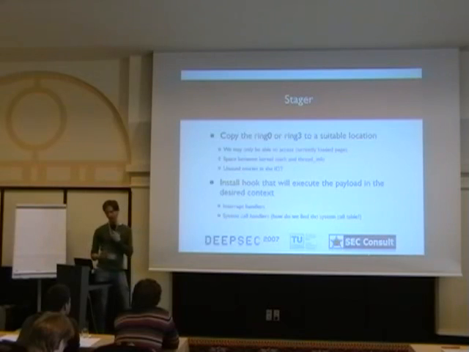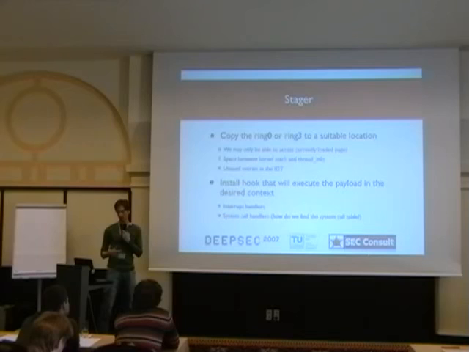There are two questions that you need to ask yourselves. Namely, where can I copy my ring 0 or ring 3 payload? If I have a ring 0 payload, then I basically need a two-stage stager, or I need two levels of a stager.